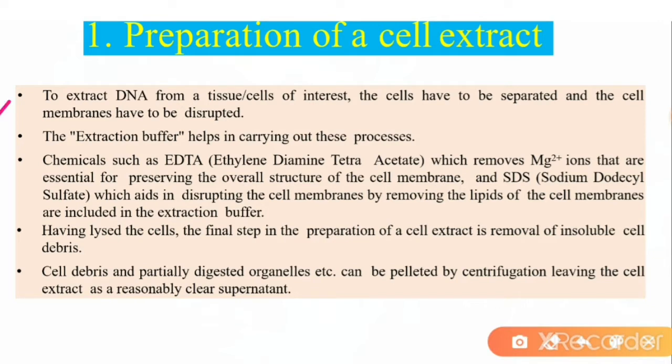To extract DNA from cells or tissues of interest, the cells first have to be separated and the cell membranes have to be disrupted. The extraction buffer helps in carrying out the procedure.